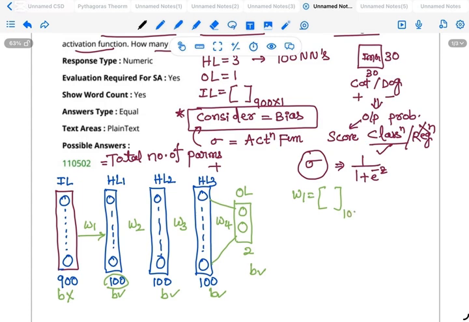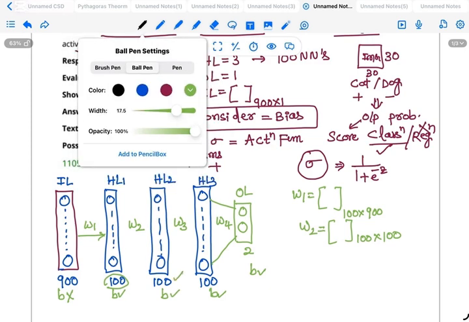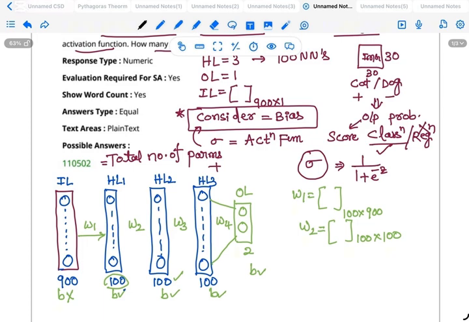W1 size is 100 cross 900, W2 size is 100 cross 100, W3 size is 100 cross 100, and W4 size is 2 cross 100.